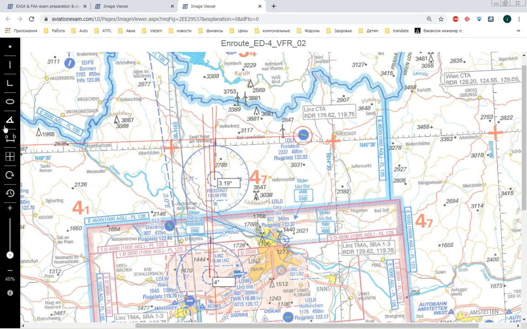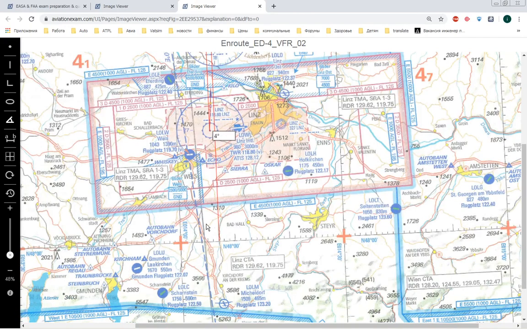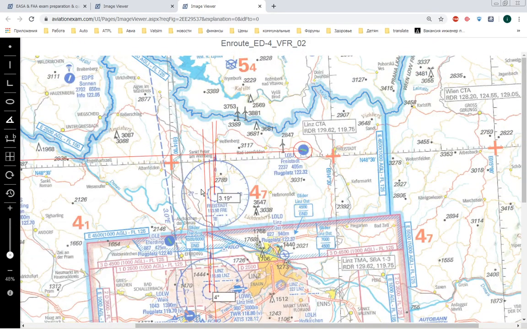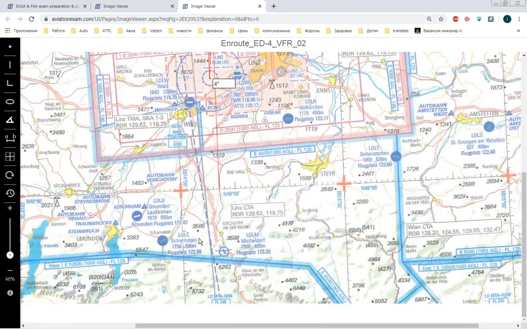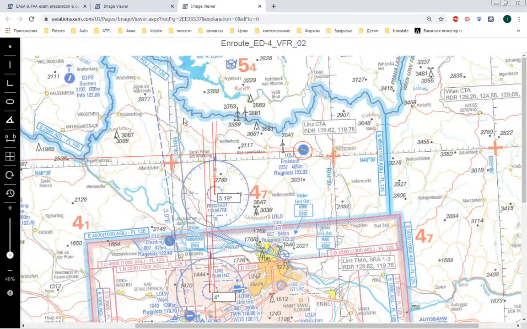Okay, a wrong method is to use this particular line. Actually, I don't know what that line means. I think that line means nothing. It's just here to put some mess in your calculation, you know.